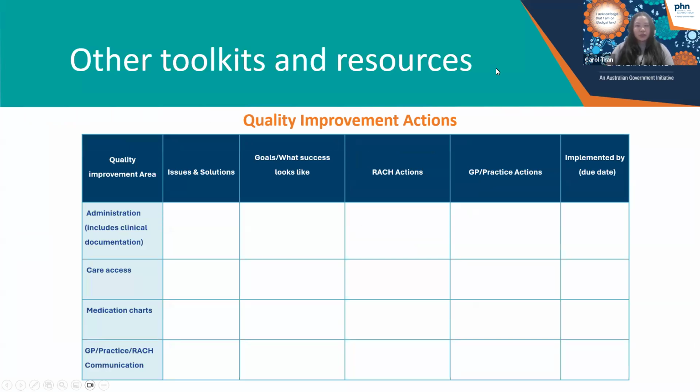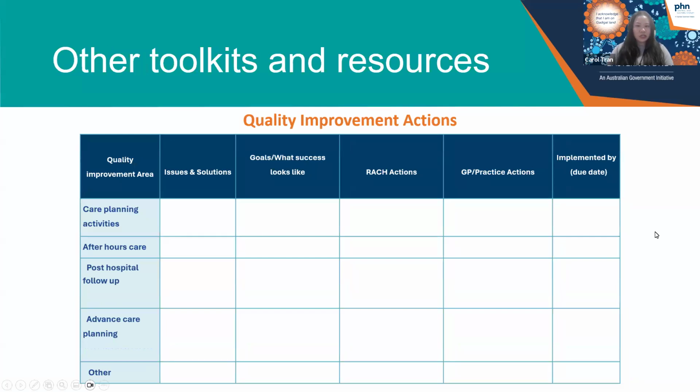Here we have a quality improvement actions table. Again, this is just another guide for you to use or build upon, but the main idea is to help you identify and document agreed quality improvement actions that the aged care team and GP can undertake to support collaborative arrangements. There are opportunities for quality improvement areas, for example, administration, care access, medication charts, GP and residential aged care home communication.